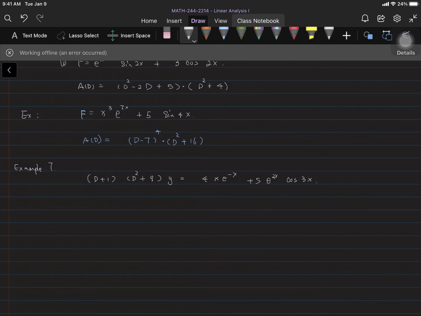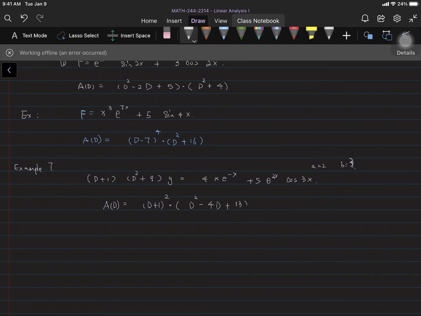Let's take a look at the right side. What is AD? AD should be D plus 1, because of e to the negative x, and because of x in front, we do the square, right? And times D squared minus 4D plus 13, which is 4 plus 9.